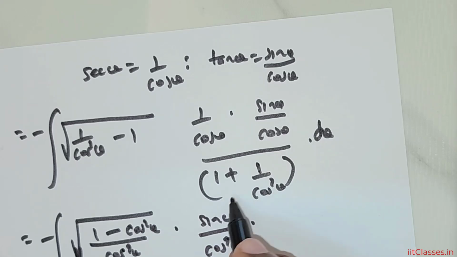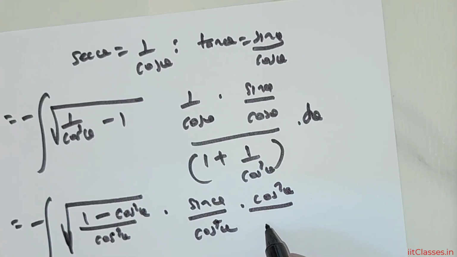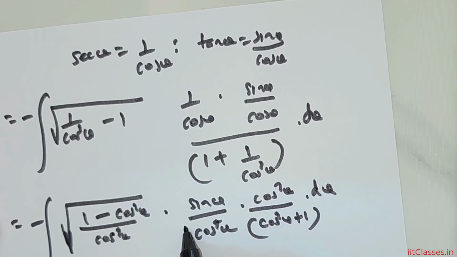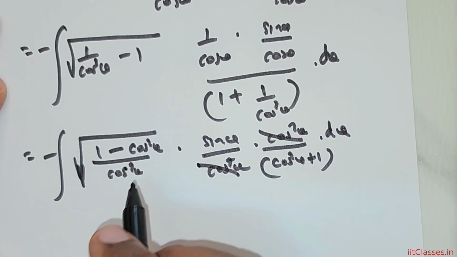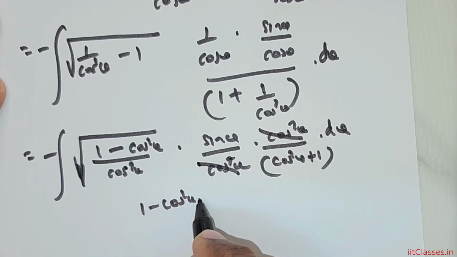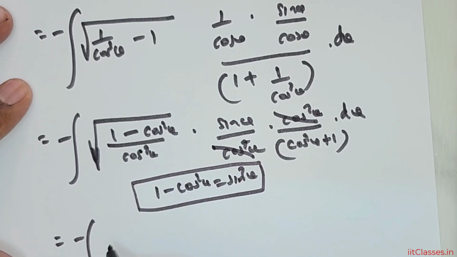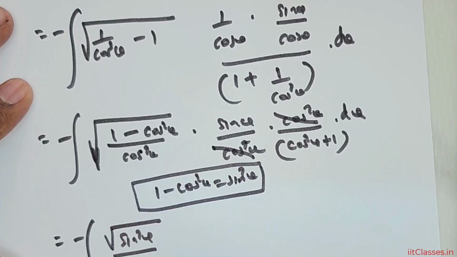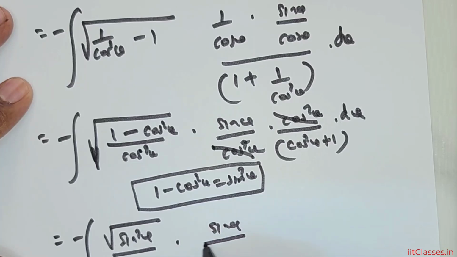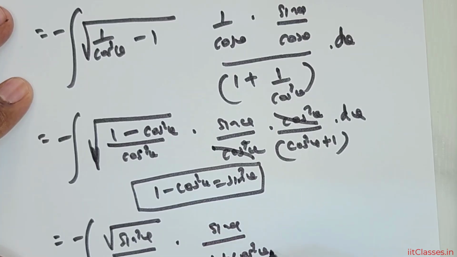Now this one can be taken as LCM, and cos squared theta will come to the numerator, and this will be cos squared theta plus 1 times d theta. Now cos and the cos get cancelled. Now 1 minus cos squared theta is sin squared theta, it's a trigonometric identity. So it's equal to negative root of sin squared theta divided by root of cos squared theta, that is cos theta, multiplied with sin theta divided by 1 plus cos squared theta.